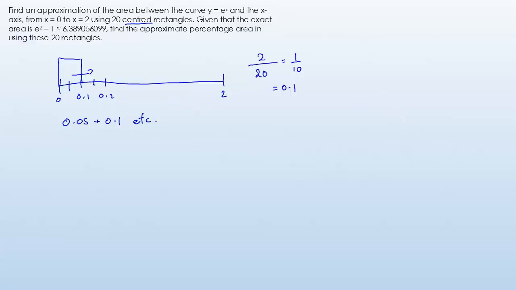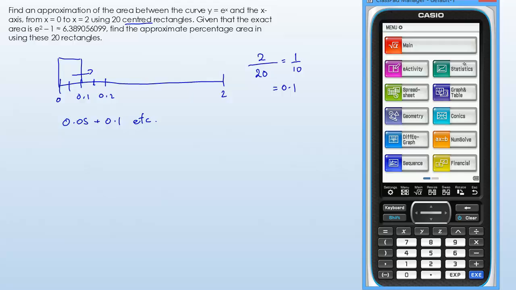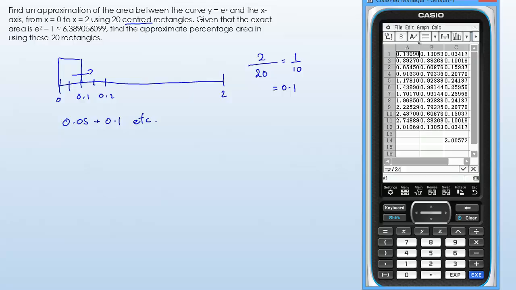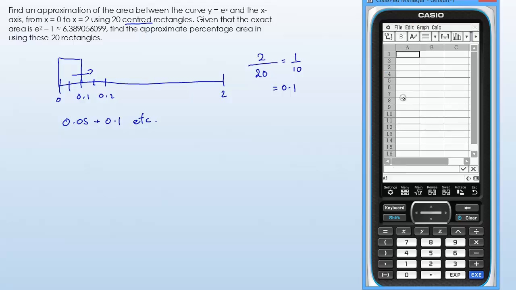So let's use the spreadsheet again, because it's probably the quickest way of doing something like this. Let's just clear everything that's there. And so we want to start with 0.05. And then we're going to have equals the one above, and we're going to add 0.1 to that.